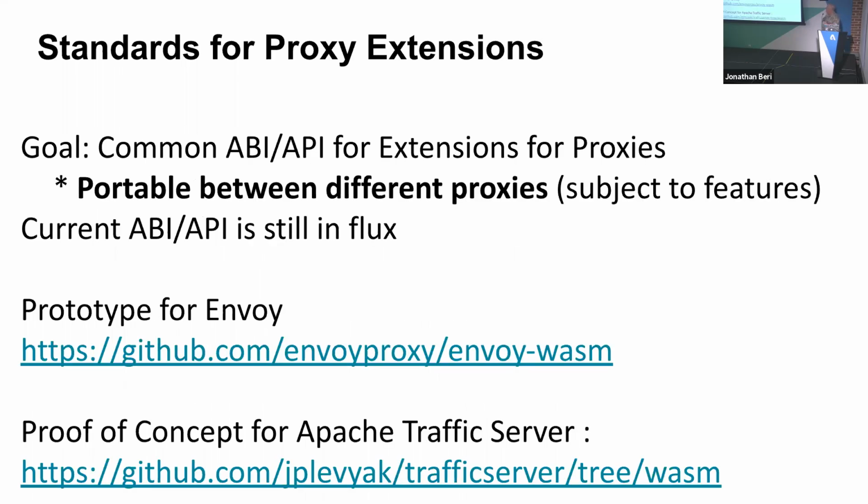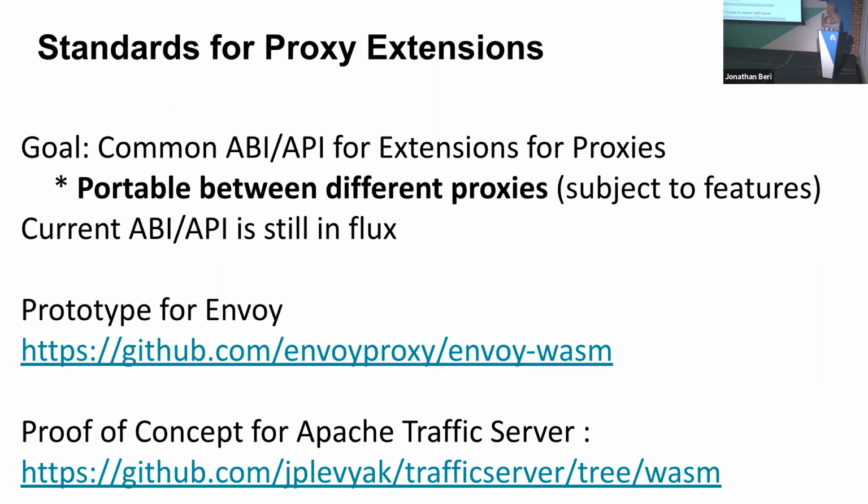One of the things we really like to have is a standard for proxy extensions. So we want to have some common APIs and ABIs for these, so that we can have portability between different proxies, because these proxies have unique characteristics, but they also have a lot of similarities. And when one evolves faster than the other, or your environment changes, or you do an acquisition or whatever, it's great to be able to move your logic from one to the other.